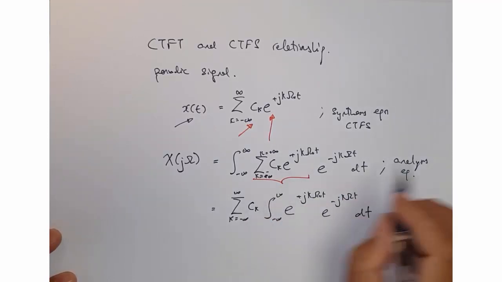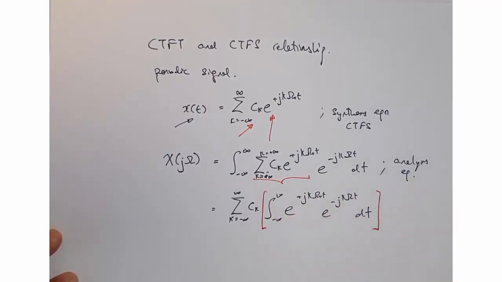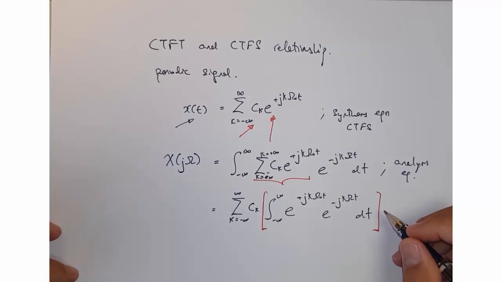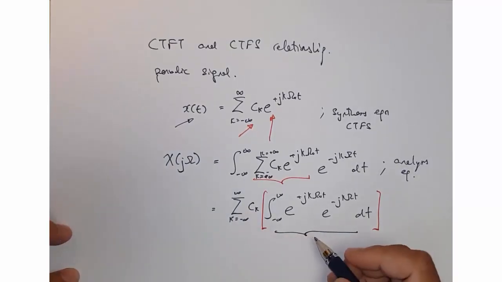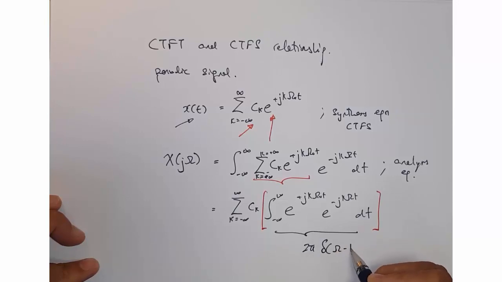When we have reached this form, the interesting expression is the red box on the right hand side. And this can be reduced to 2 pi delta of omega minus k omega naught.